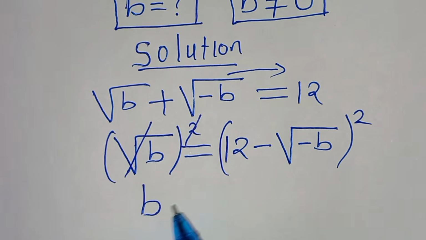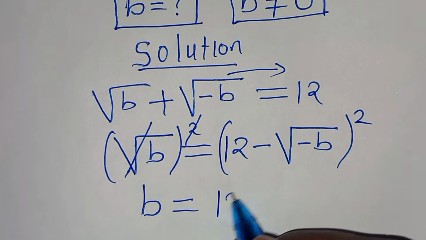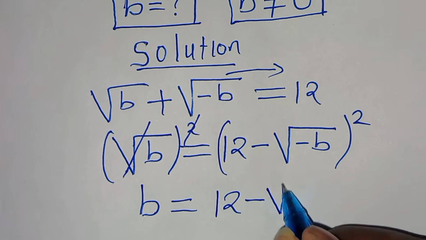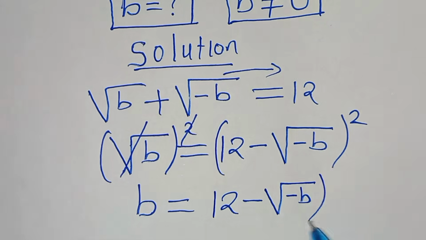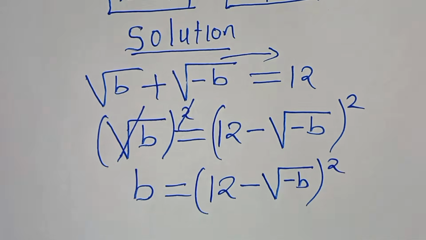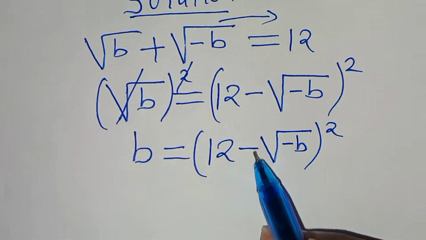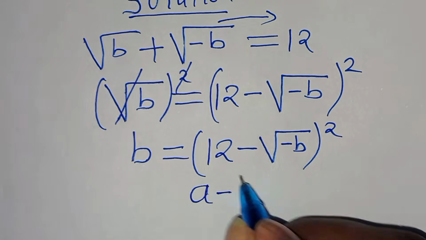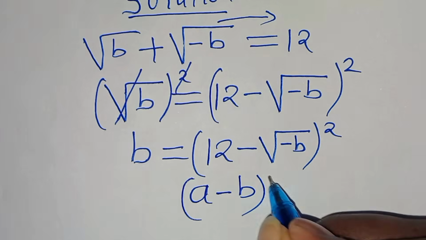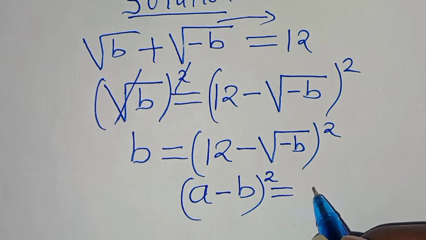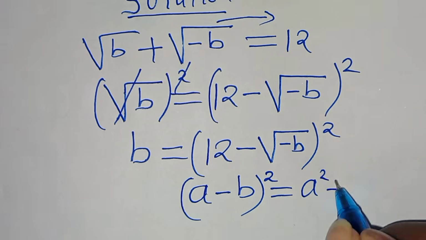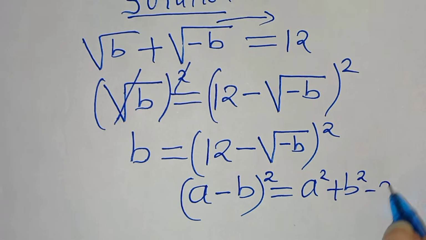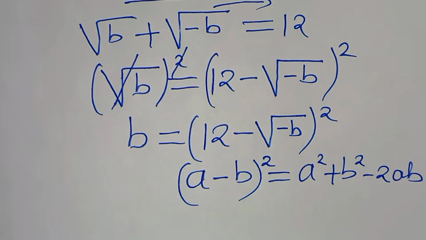And this means that b is equal to (12 minus the square root of minus b) raised to the power of 2. This is in the form of (a minus b) raised to the power of 2, which we can express as a squared plus b squared minus 2ab.